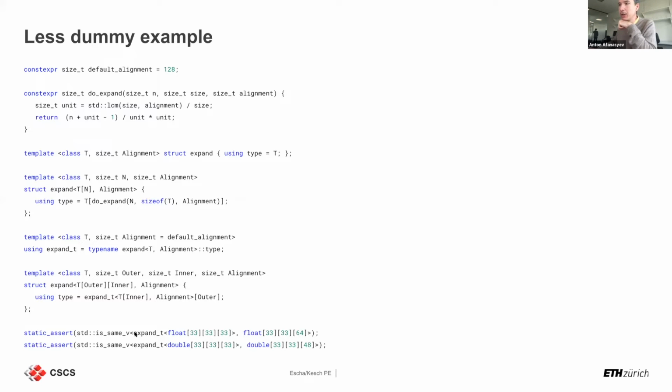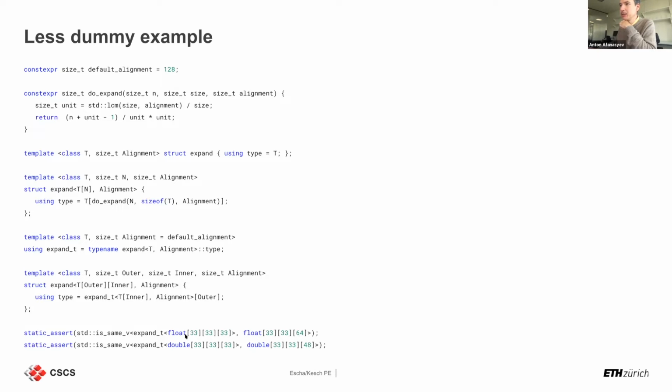Suppose we have some metafunction, in my example I called it expand_t. We apply this metafunction to the array type, and we return another array type where the innermost dimension is aligned.